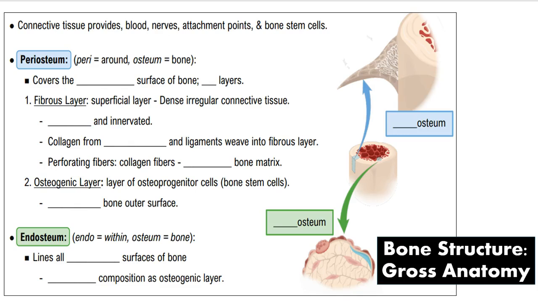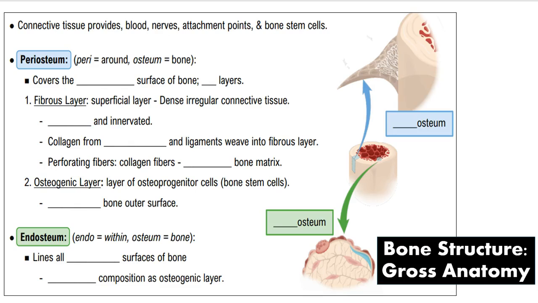But with osseous tissue, or bone, we know that it definitely has central canals and it has a nutrient foramen that we'll talk about later that allows blood vessels and also nerves to go in. But guess what? It still has connective tissue like the periosteum and the endosteum that's going to help provide blood, nerve, and attachment points for our bones themselves.